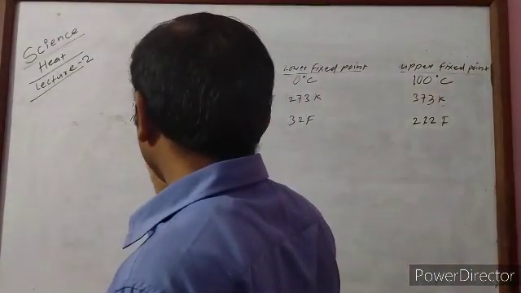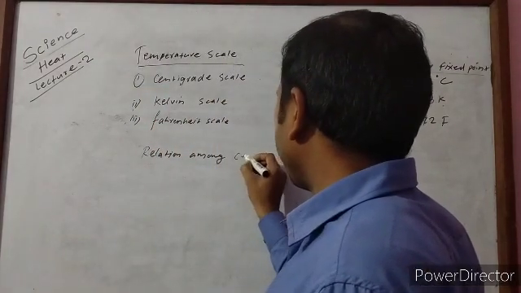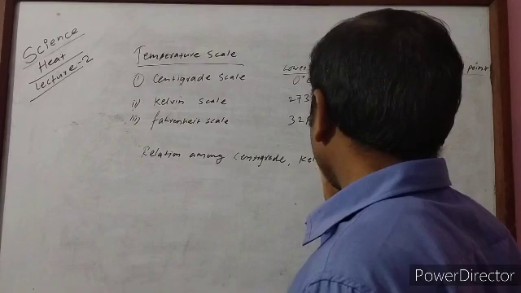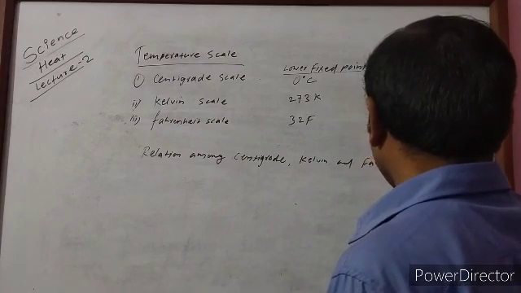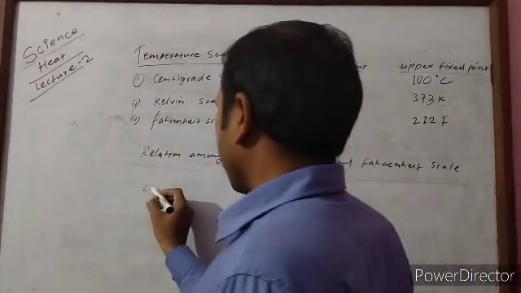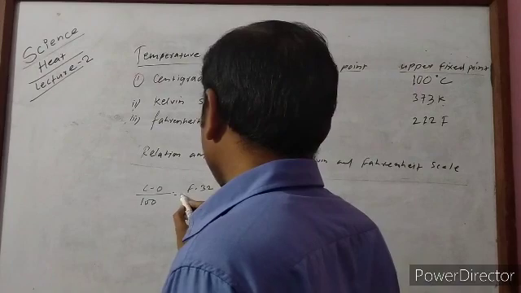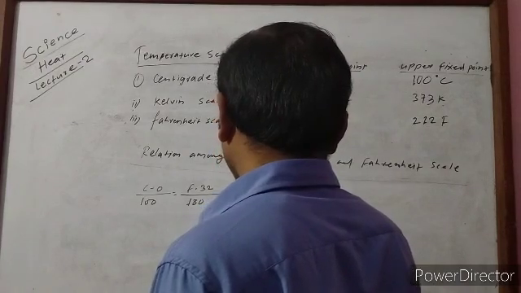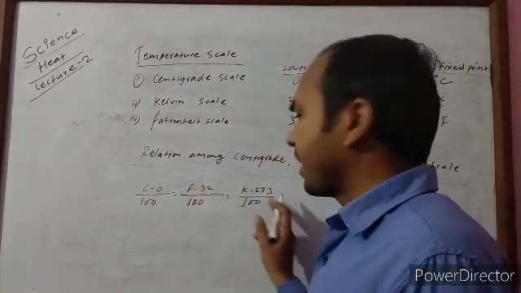The relation is: (C minus 0) by 100 is equal to (F minus 32) by 180 is equal to (K minus 273) by 100. This is a relation among the centigrade, Fahrenheit and Kelvin scales.